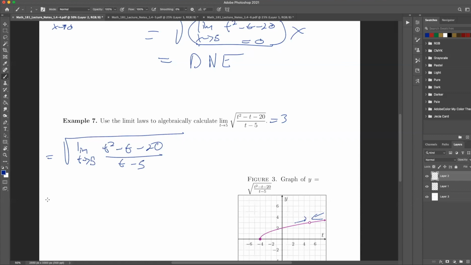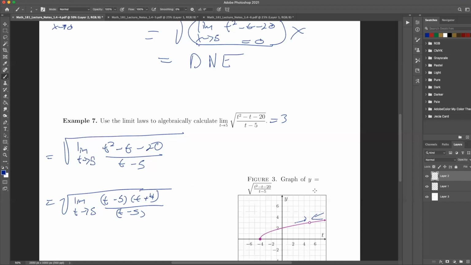However, we can say this is equal to the limit of t minus 5 times t plus 4, all over t minus 5.